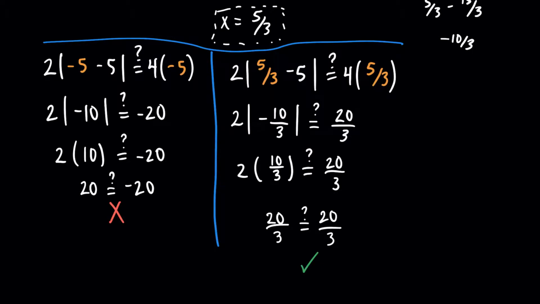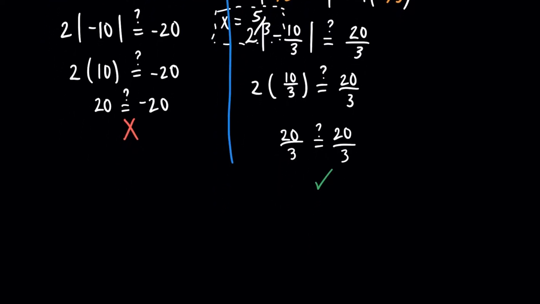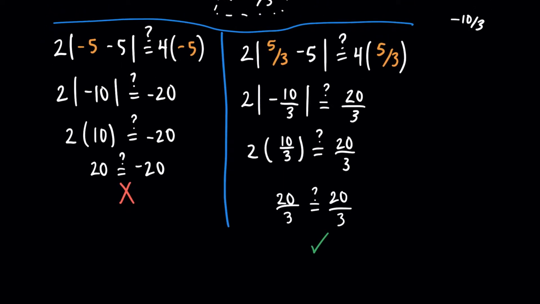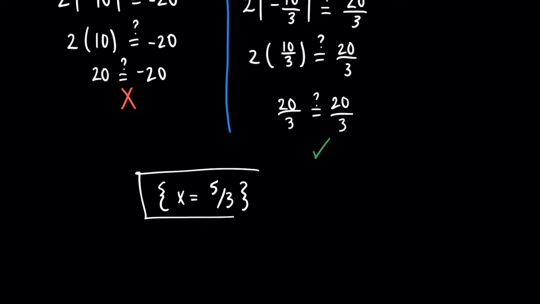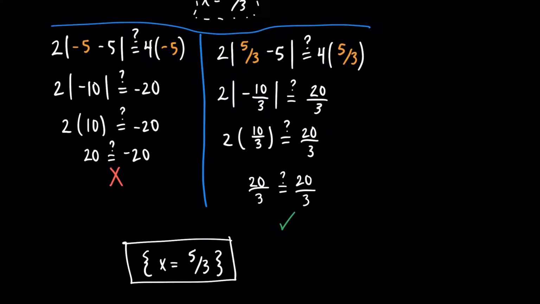So what that means here is that the actual solution, when we write this, is only going to be x is equal to 5/3. That was our one solution that worked here. All right, so that's that one.